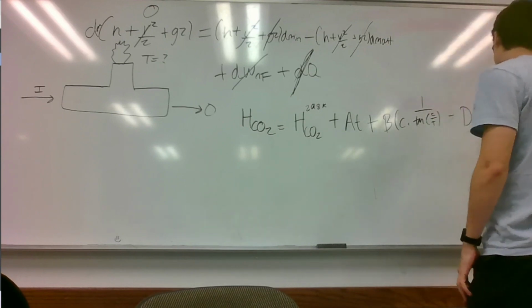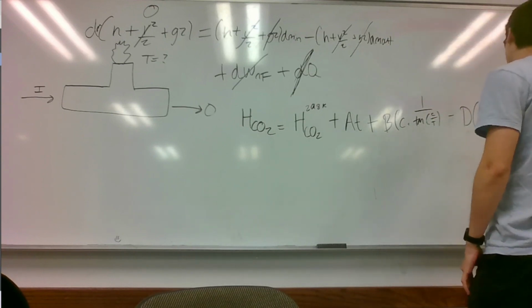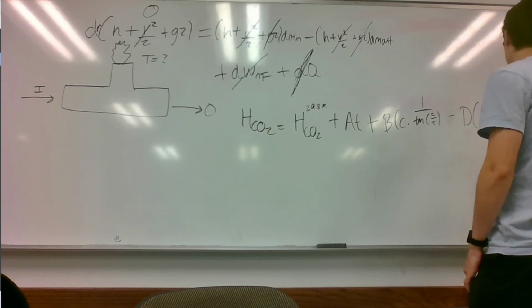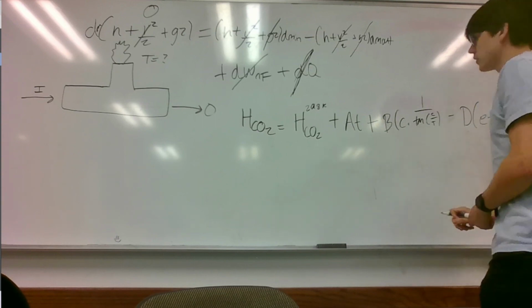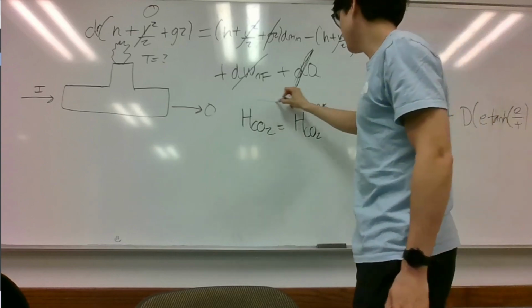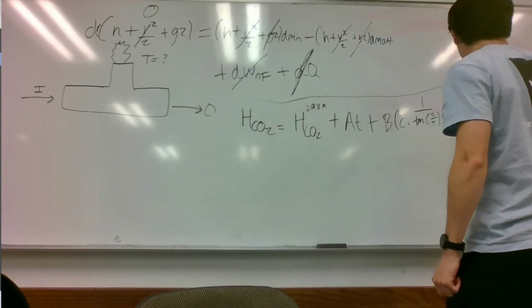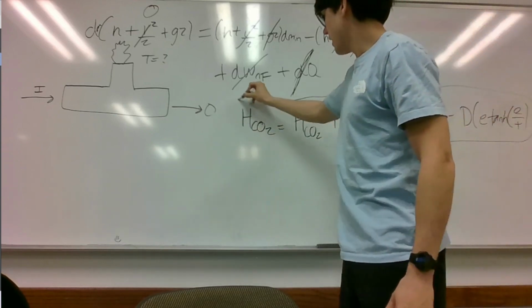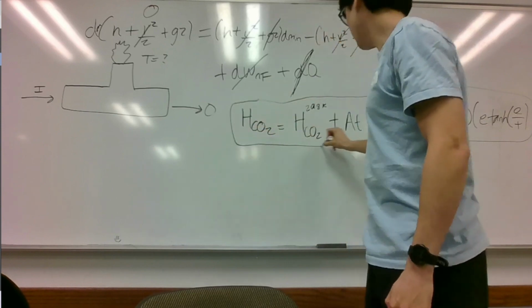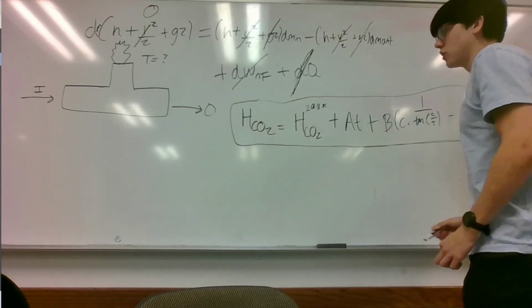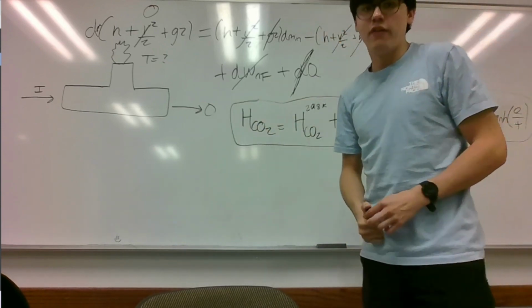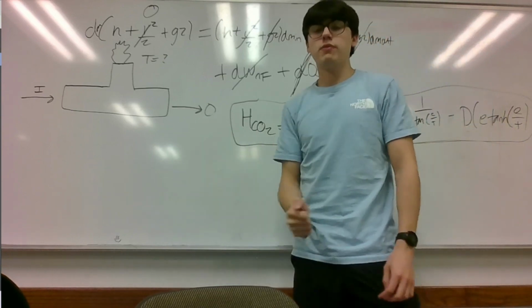And this will be E times hyperbolic tangent of E over T. So this will be our expression that relates enthalpy and temperature. So now we have the expression, we can go ahead and take it over to Python to solve for the rest.